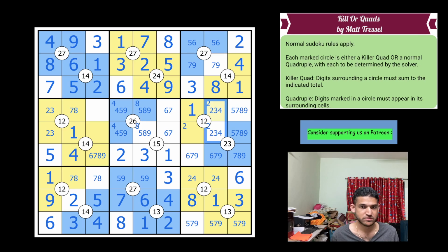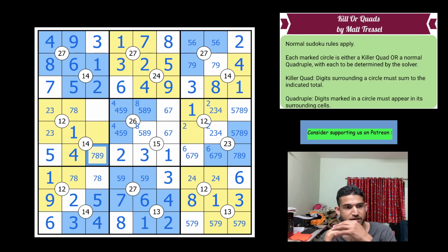Okay. So we know that this is a quadruple clue. So if there is a 3 here, I can't have a 6 here because that would make it a killer quad as well. So which means 6 in this box has to be here. That eliminates 6 here, 7, 8, 9.